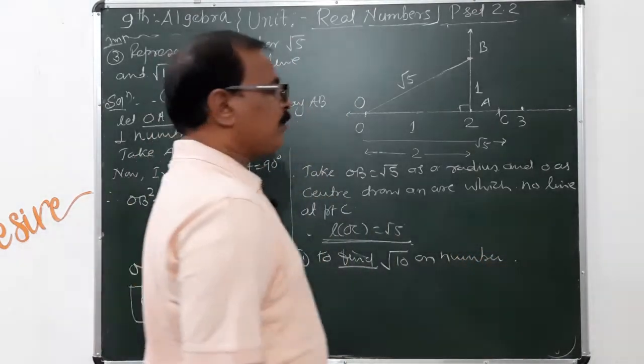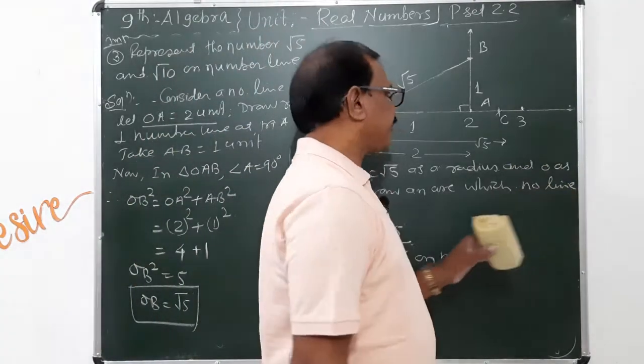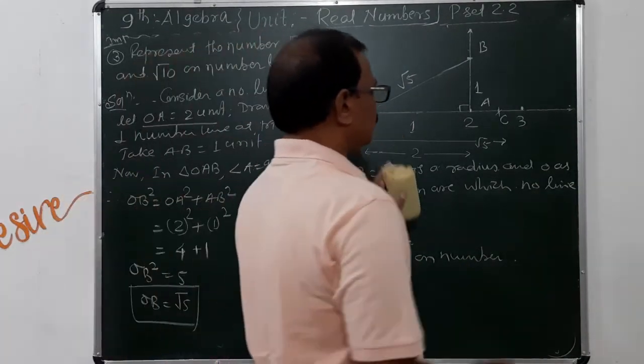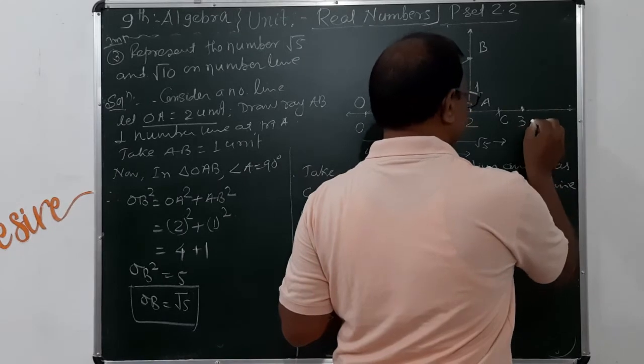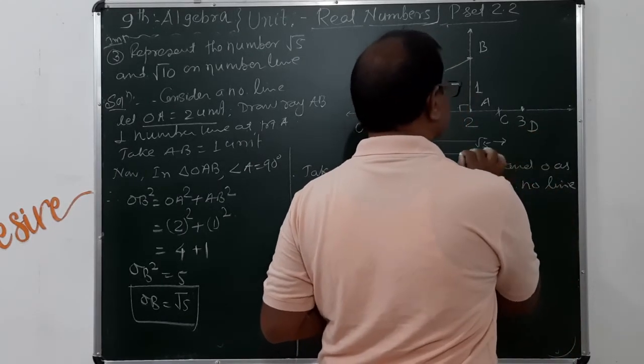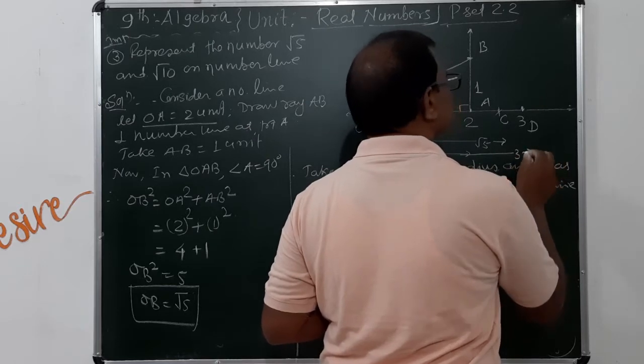Okay, a similar process can be done here. Suppose this point is D, so OD is 3 units.